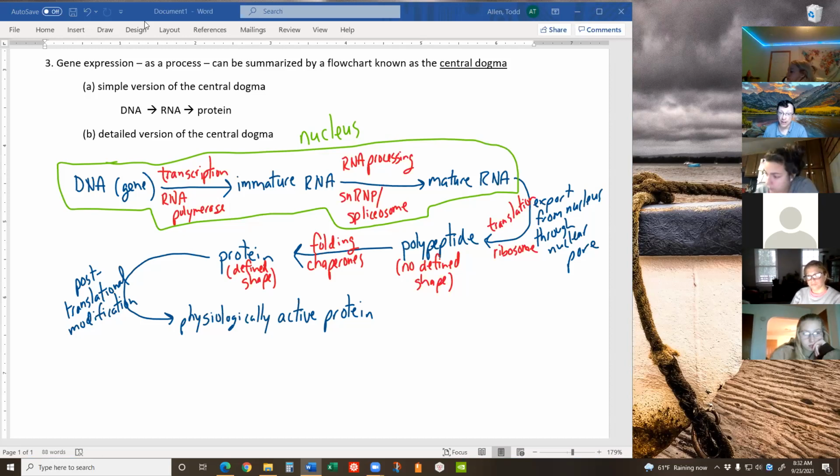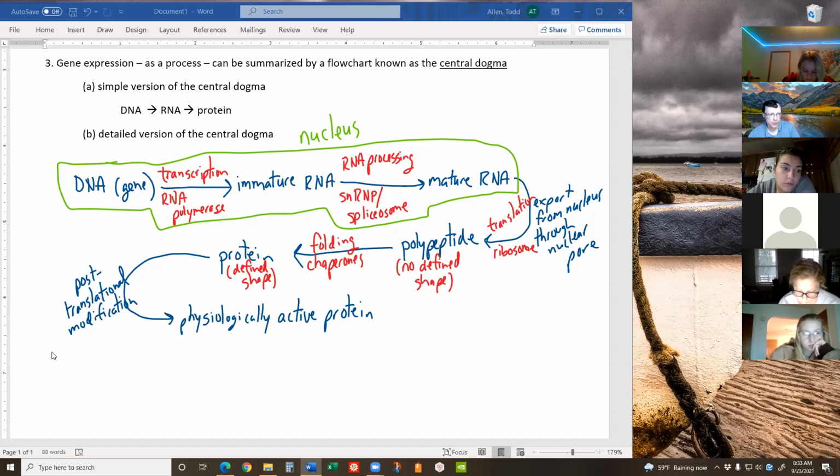A polypeptide really does not have a function yet because it doesn't have a defined shape. Once it folds into its correct shape, which is a complicated process that is not entirely understood, once the polypeptide takes on the shape and becomes an actual protein, it now has function, or at least has the capability to potentially function.